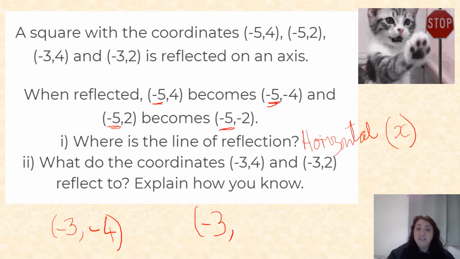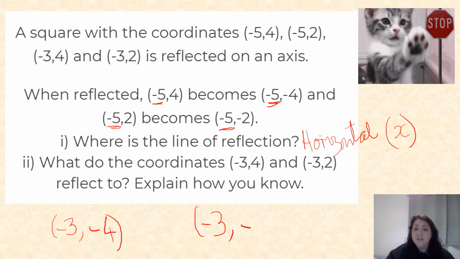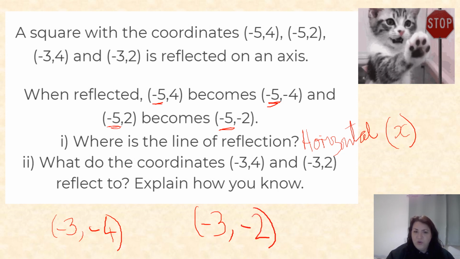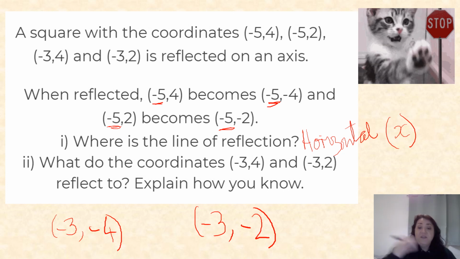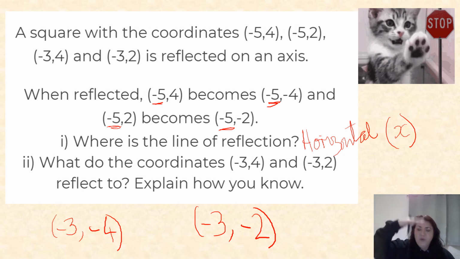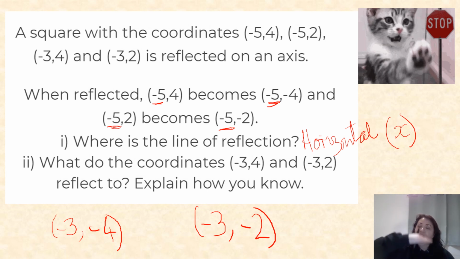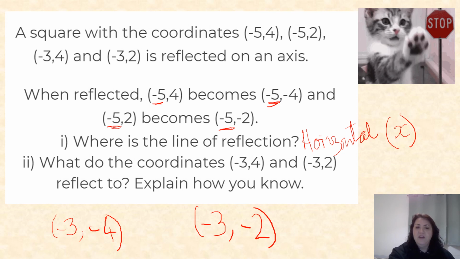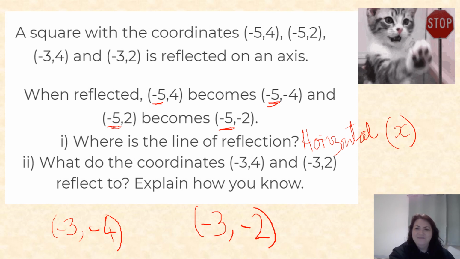And if the mirror line's 0, we've got to come 2 away from that, which would be -2. Okay, and explaining how I know, well, I sort of did as I went, didn't I? Because +4 in the y is 4 away from the x. So we've got to come 4 away the opposite way, which would be -4. That was tricky, wasn't it? How did you do with that?